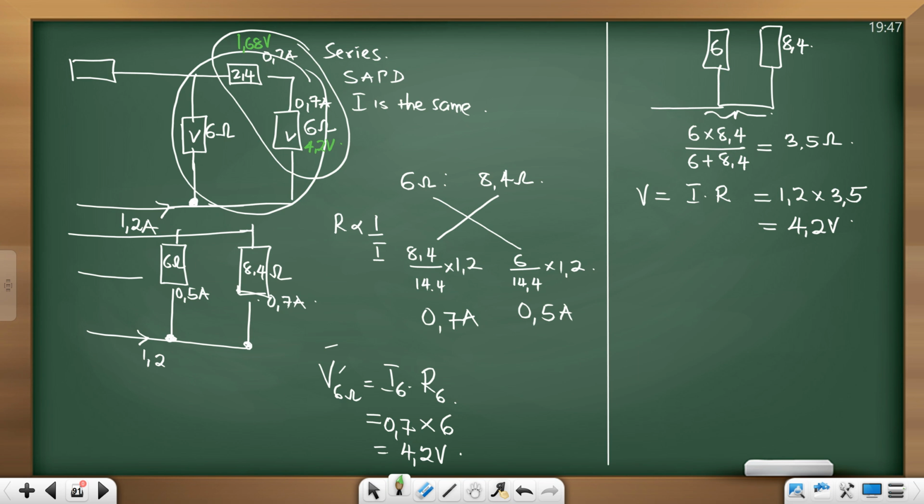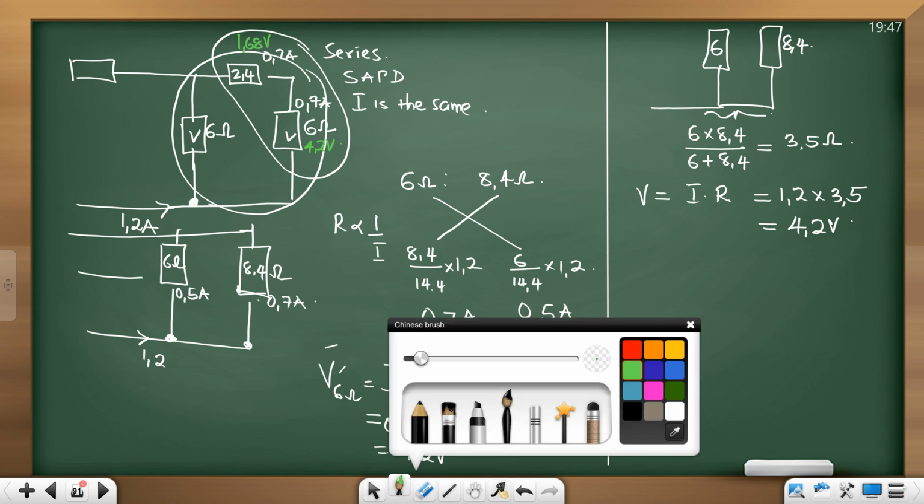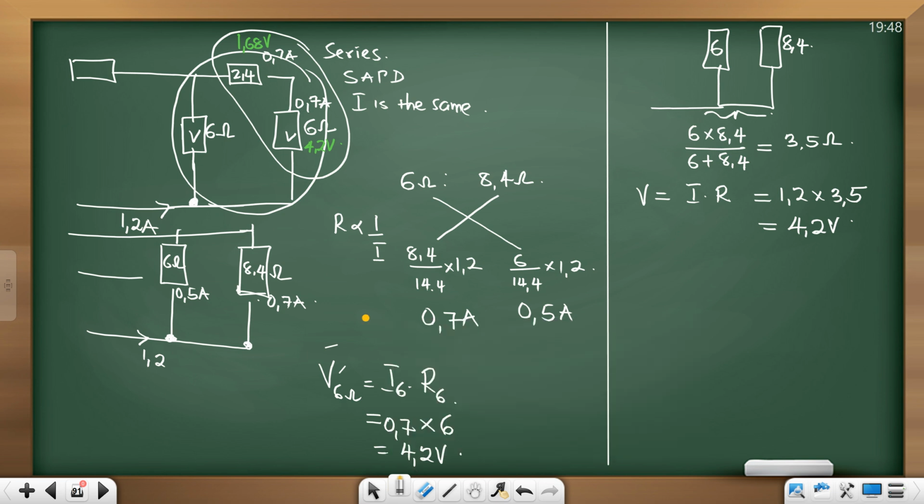The current here is 0.5. Remember, 1.2 comes in here and is divided. We got 0.5 here and 0.7 here. So the 0.7 is the one that flows in here and at that point.